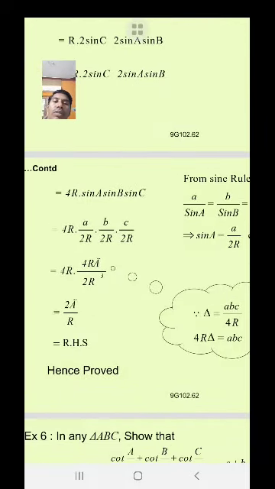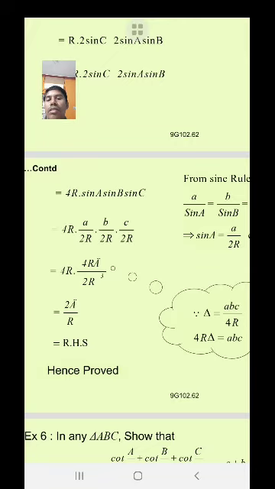And sin A is replaced with a by 2R from sine rule. Similarly, sin B is replaced with b by 2R, and sin C is replaced with c by 2R.